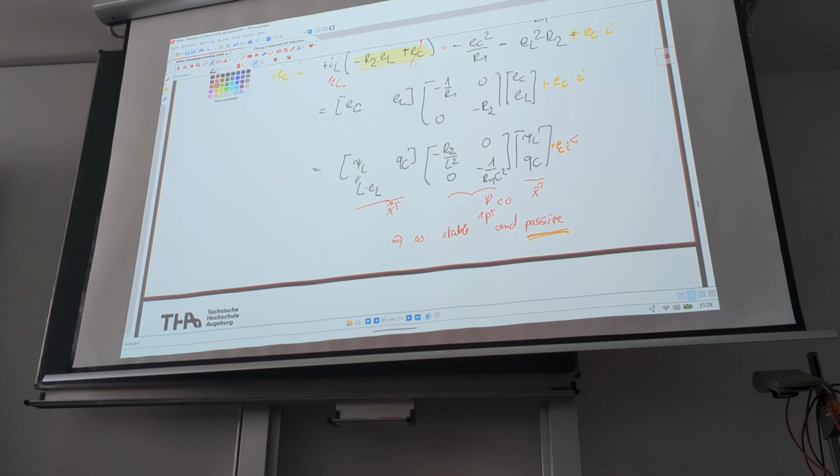This is strictly less than y times u, where this is u and this is y. In this case, it's a scalar product. It's strictly less because this part here is less than 0.